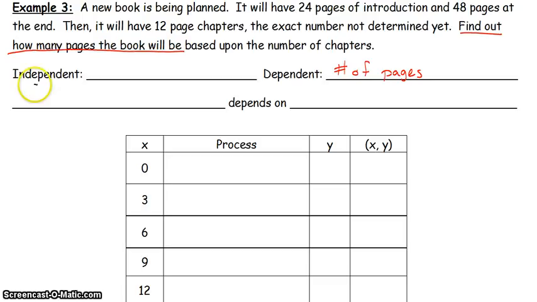The second part of this, based upon the number of chapters, is your independent variable, because each chapter is 12 pages. You can set up a function rule with that. So the independent is the number of chapters.